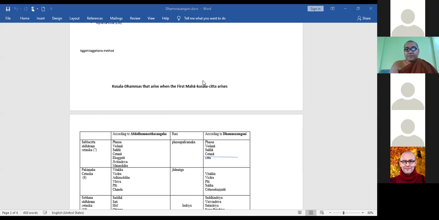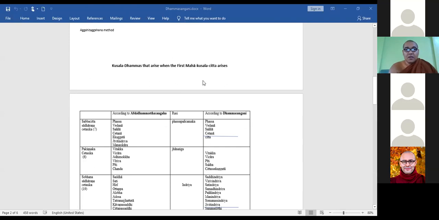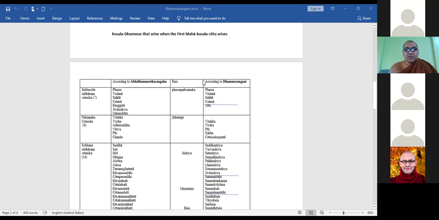So that's why the word Maha is placed. This is the explanation given by the Digajo.